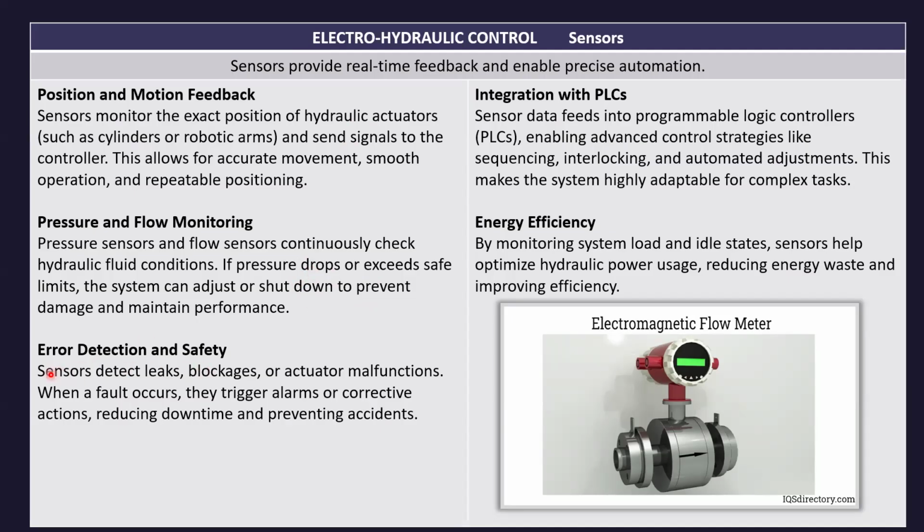Error detection and safety. Sensors detect leaks, blockages, or actuator malfunctions, and so on. So alarms and corrective actions can be taken. Integrating with PLCs, sensor data feeds into the programmable PLCs, which we will be dealing with in a couple of weeks, enabling advanced control strategies so the sensors can send signals of how things are happening.